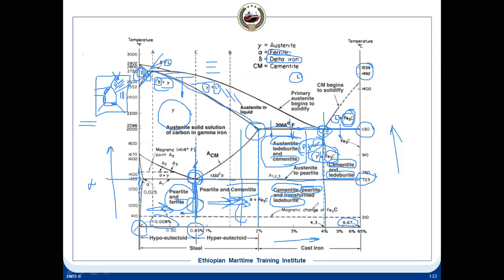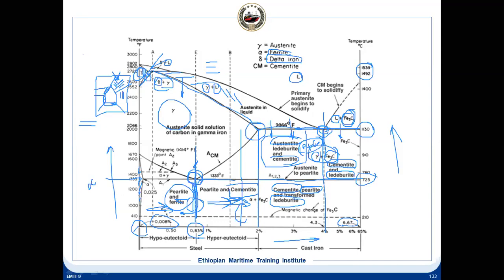Yeah, tell me. Sir, I have one question here. Tell me. When we see the diagram, mostly I can see two drawings. One is for the steel side, and the other one is for the cast iron. And for the cast iron, the lowest temperature where it starts solidification, or starts to be liquid, is at 1130.